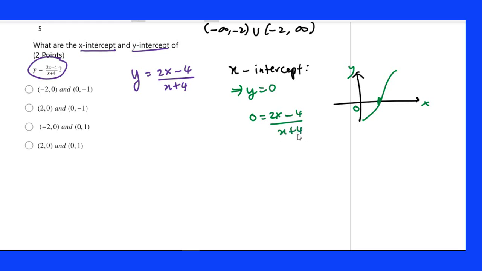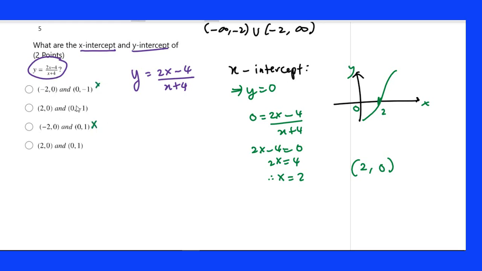Because it is an equation, 2x minus 4 is equal to 0, and therefore x is equal to 2. So the point is (2, 0).